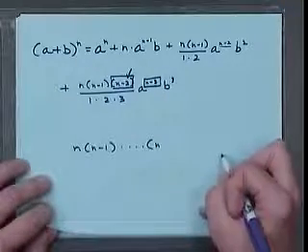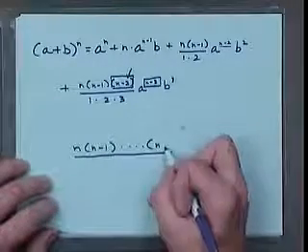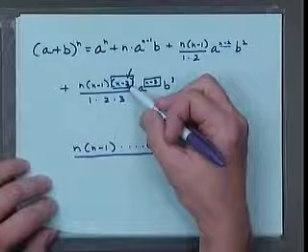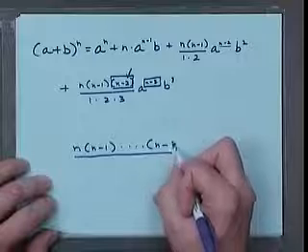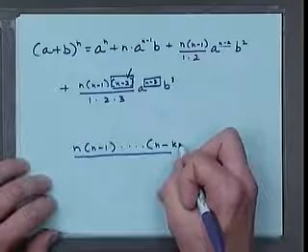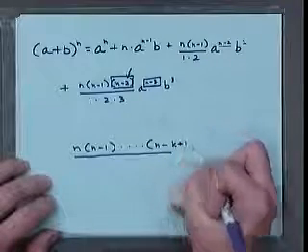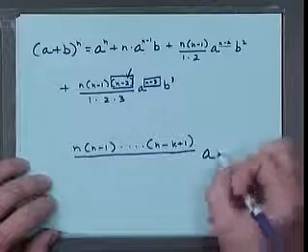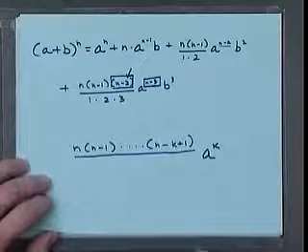If the power of the term is n minus 3, we want this to be one number greater. So n minus k plus 1, where this is a to the k power.